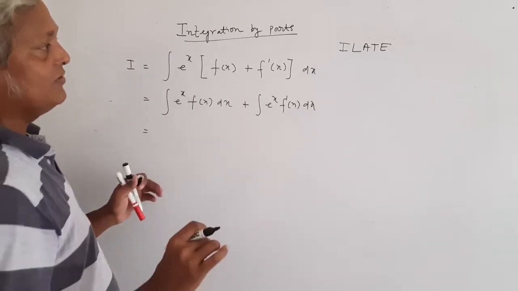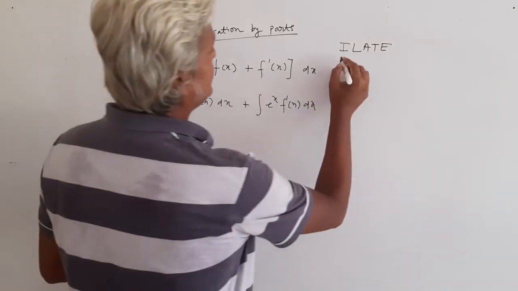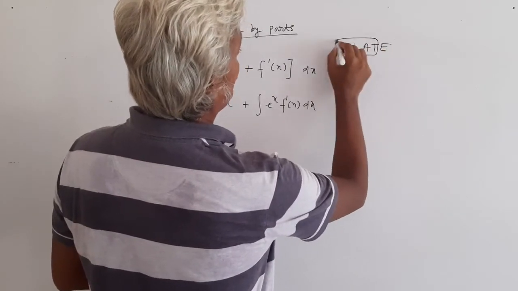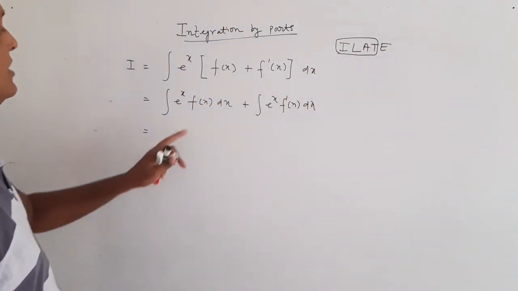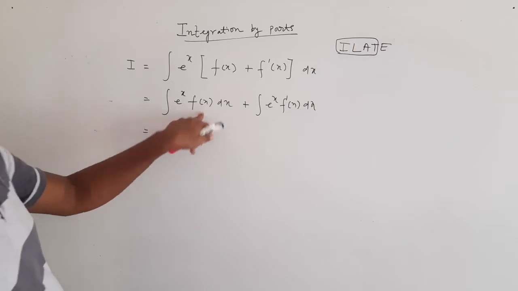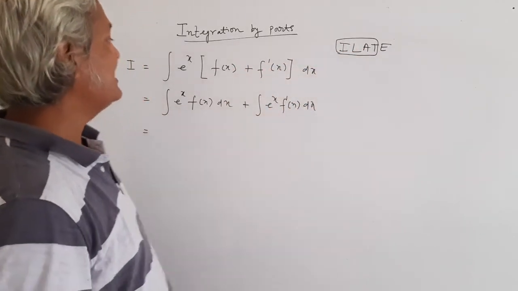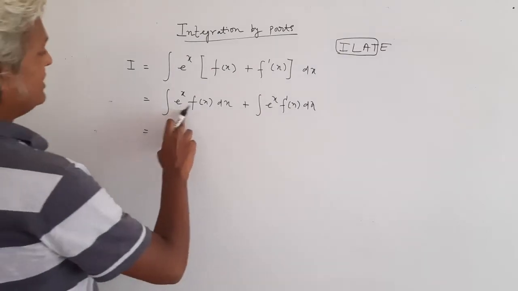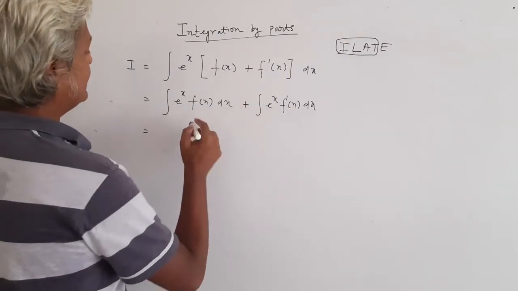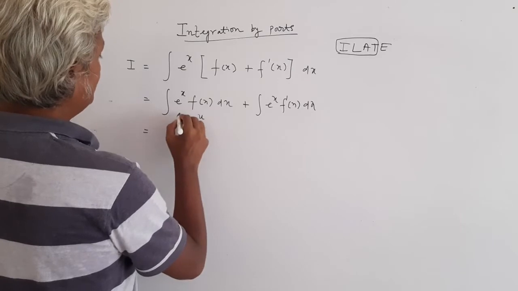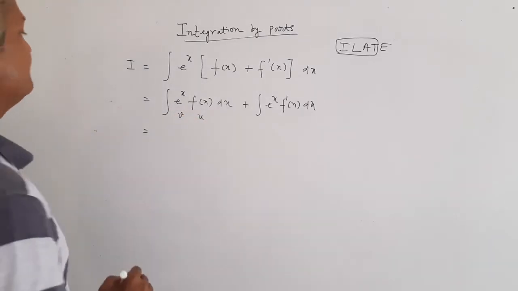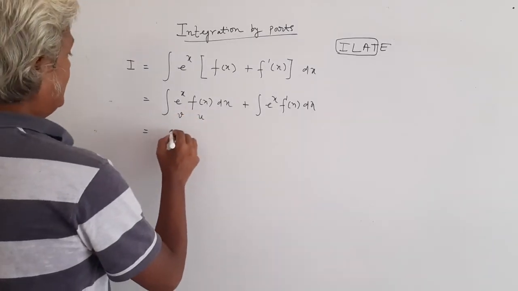But if there is a difference, then f(x) can be either I, L, A or T, and in that condition the priority of f(x) is the highest and e is treated as the last priority. So this will become your u and this will become v.